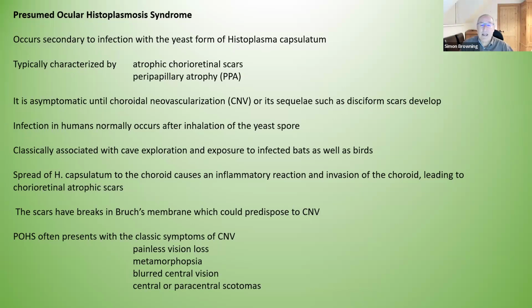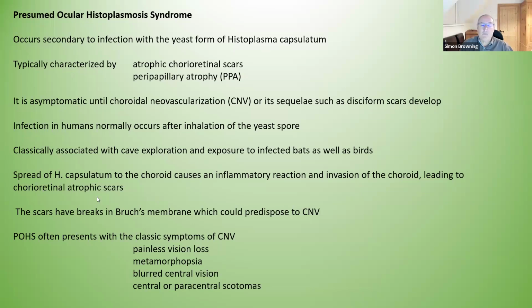And so again, you get an inflammatory response reaction within the choroid, and you get these atrophic scars at the end of the day. The scars have breaks in Bruch's membrane, so you quite often get a neovascular membrane occurring with it.